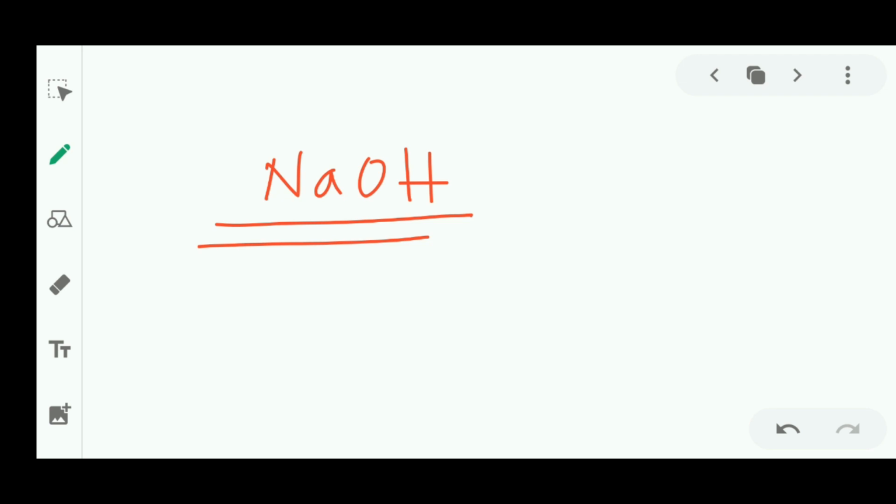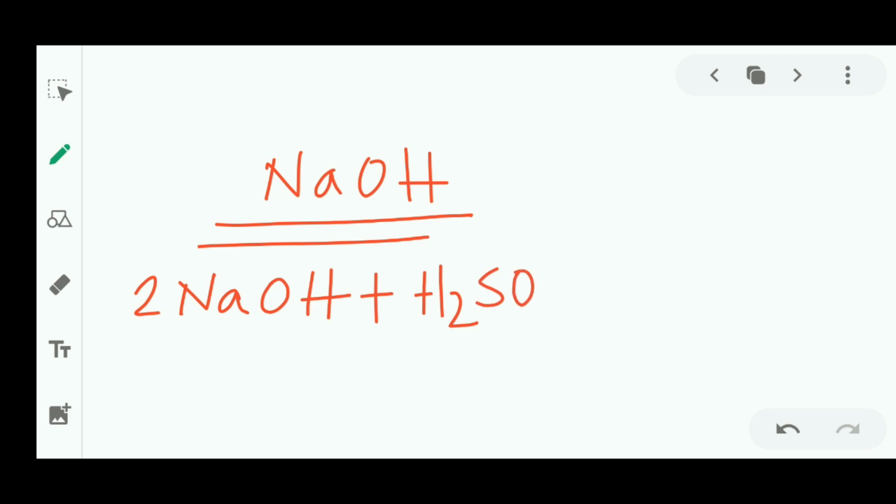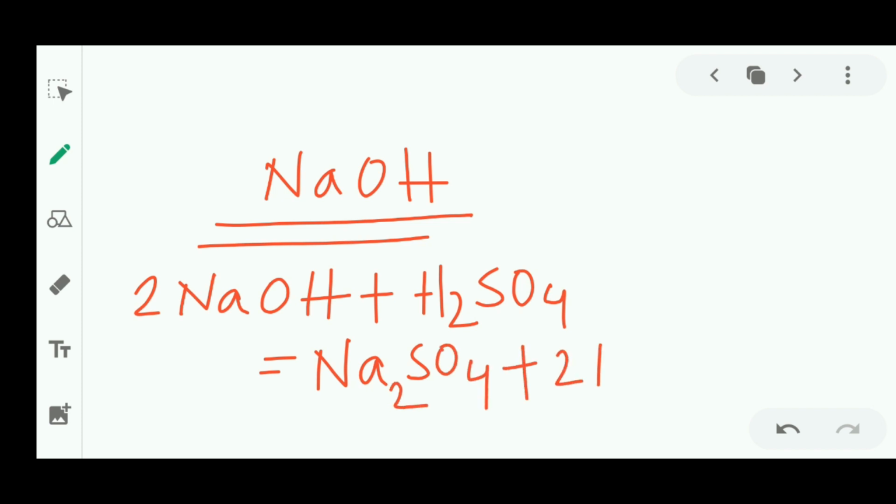So NaOH, sodium hydroxide, reacts with H2SO4 to produce Na2SO4 salt and water. Okay, so these things are formed.